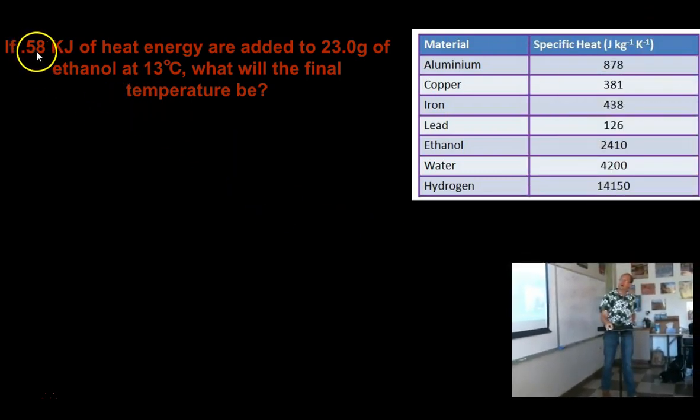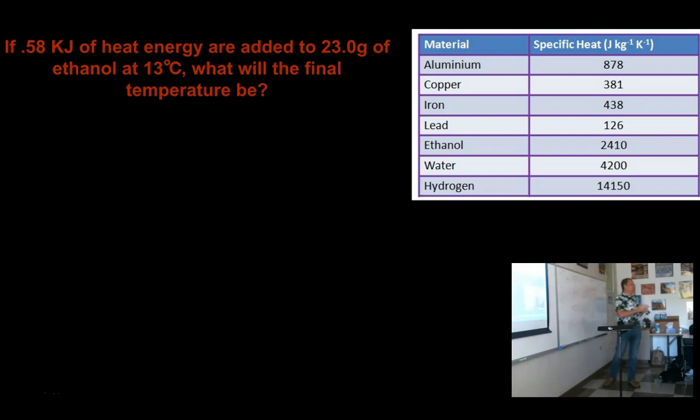If 0.58 kilojoules, so that's 580 joules if you were to write it out in normal numbers, of heat energy are added to 23 grams of ethanol at 13 degrees Celsius, what will the final temperature be? So it starts at 13.